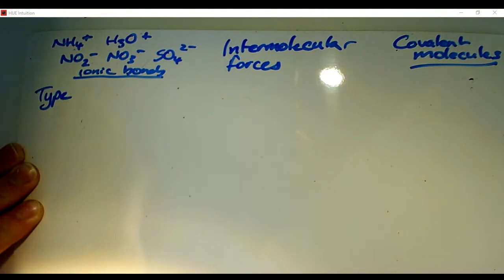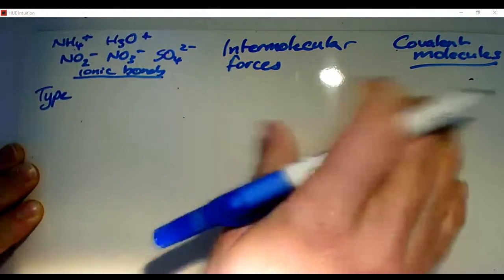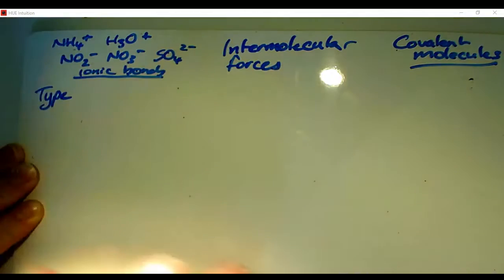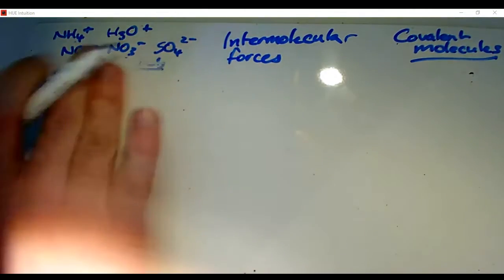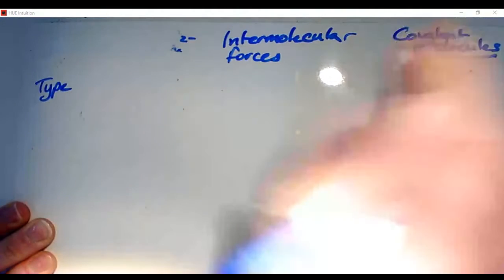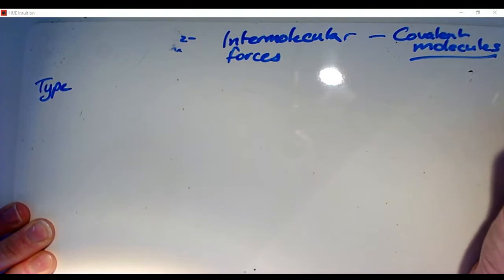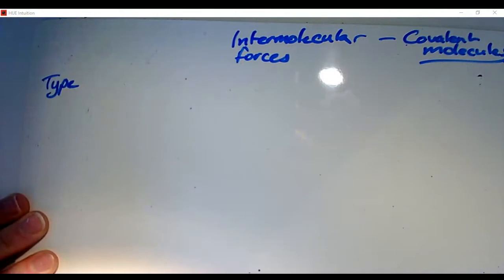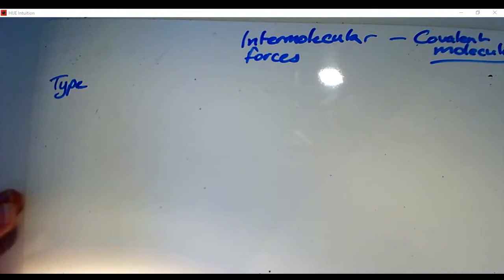They have lost or gained electrons. So they are ions, they form ionic bonds, and they will not partake in this kind of intermolecular force. They have other things going on. So let's take those away. Covalent molecules only, polar, non-polar, all types, and individual atoms as well, like in the noble gases.